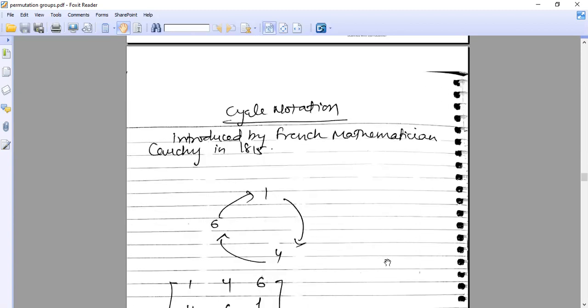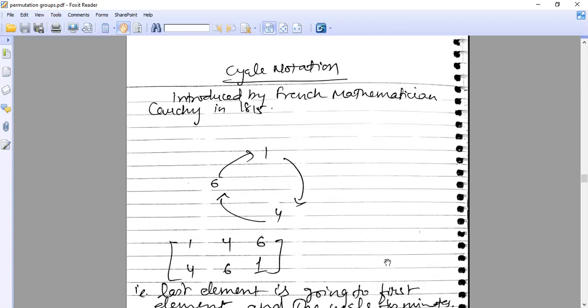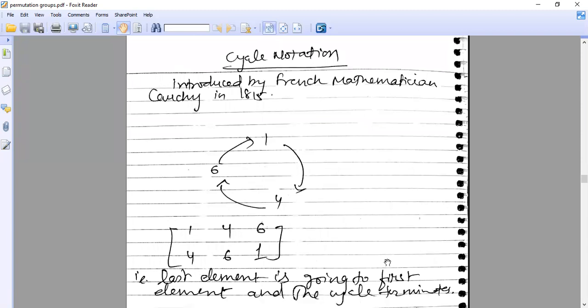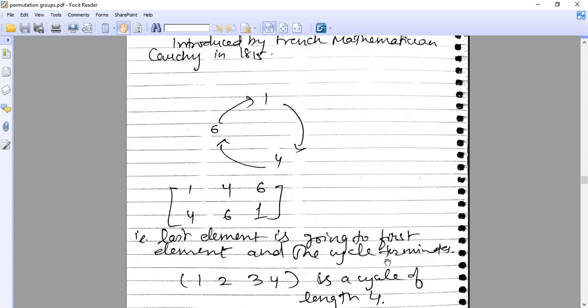Now we are going to see the cycle notation. The cycle notation was introduced by the French mathematician Cauchy in 1815. Let us see, if you have these 3 elements, 1, 4, and 6, then 1 is going to 4, 4 is going to 6, and 6 is going to 1, then again 1.